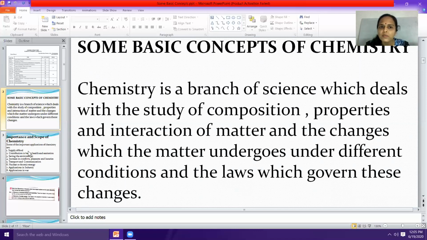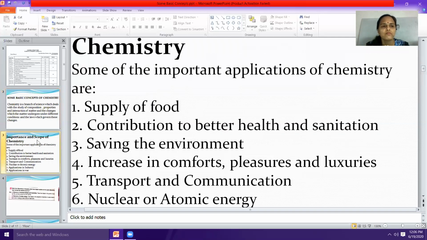And organic chemistry will be studying about hydrocarbons, that is carbon and hydrogen containing compounds. So these are the main three branches of chemistry which we'll be seeing. There are many others, but we'll be limiting to these three main branches of chemistry.